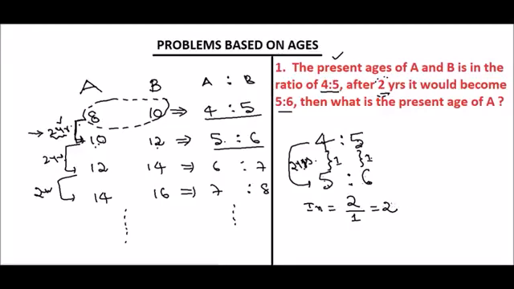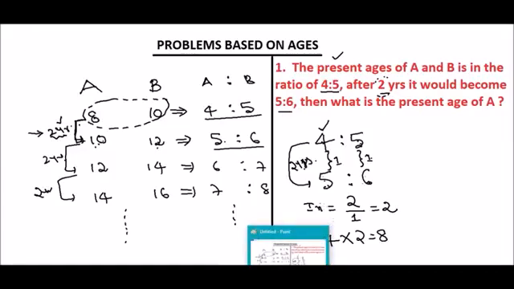Now the question here is: what is the present age of A? The present age of A is nothing but the first term, representing A's age, that is 4 into the interval 2. 4 into 2, 8 years.